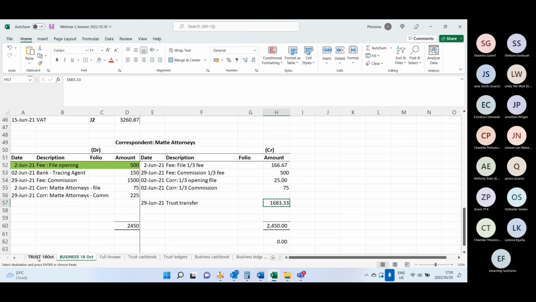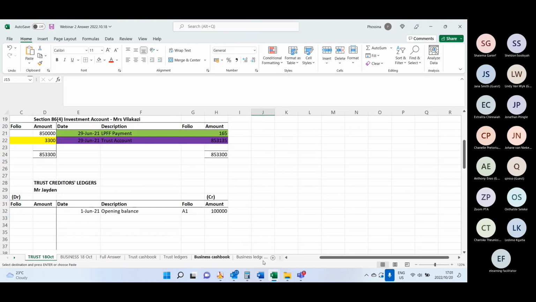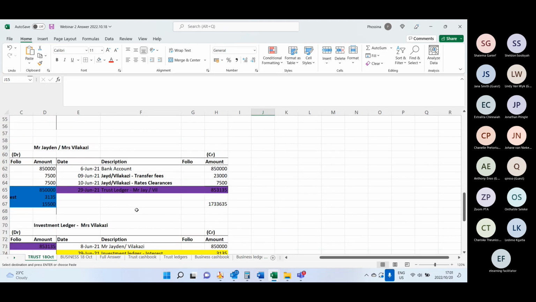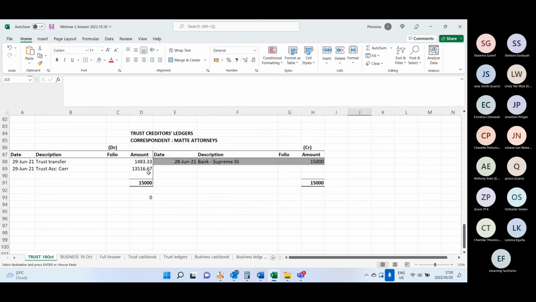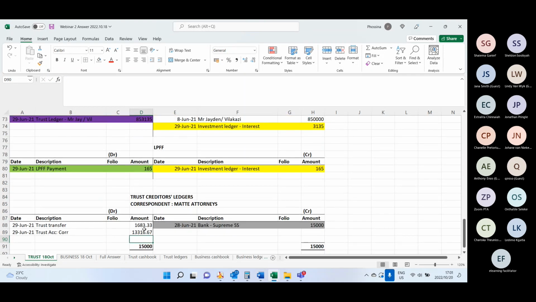And then when we go to the trust, to the correspondent, we do the same. In the trust side, we change it. See, it changes to 1683, which means whatever that we are getting, whatever that we are paying over to the correspondent is going to be less, because we have to take the VAT and pay it over to SARS.